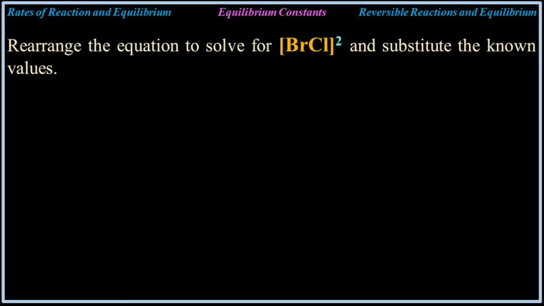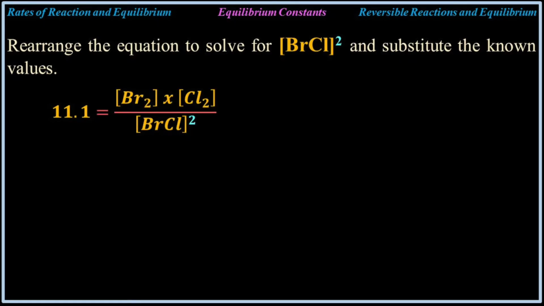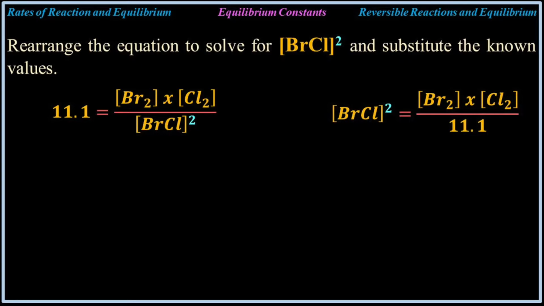Rearrange the equation to solve for bromine chloride squared and substitute the known values. So let's just do this slowly. So there's the equilibrium expression, and we're going to slowly solve for the concentration of bromine chloride.